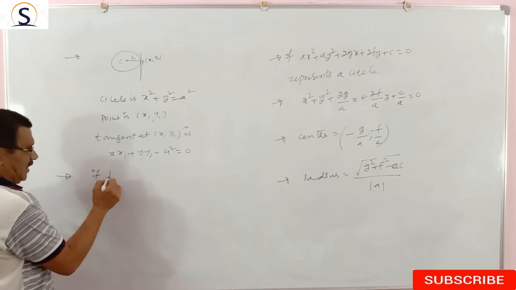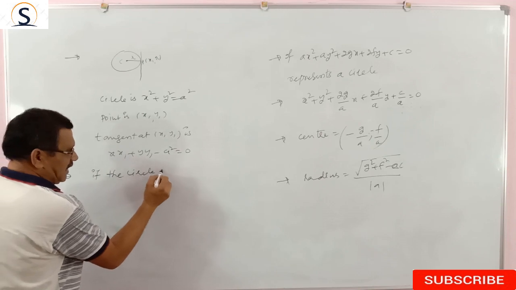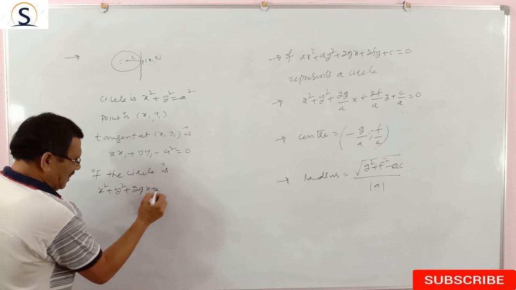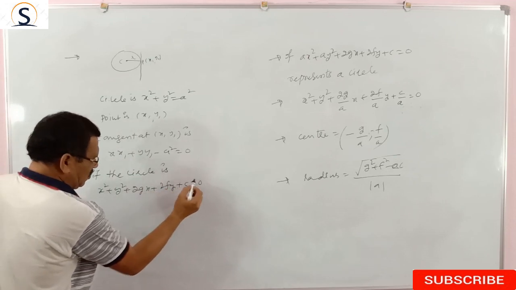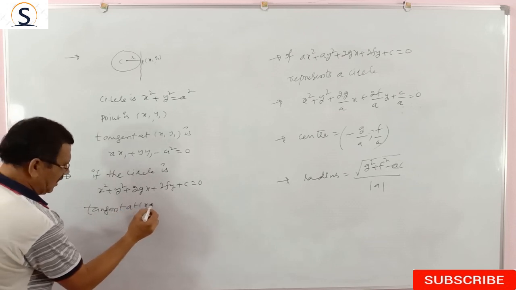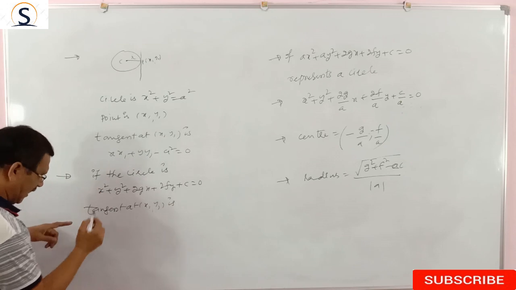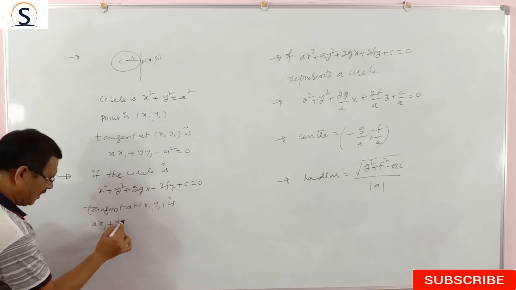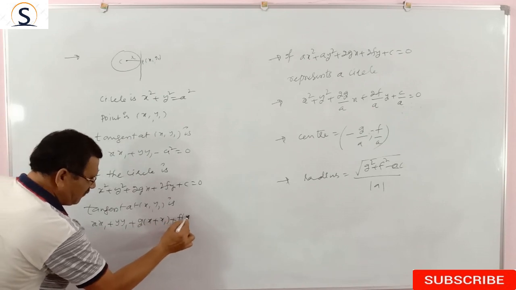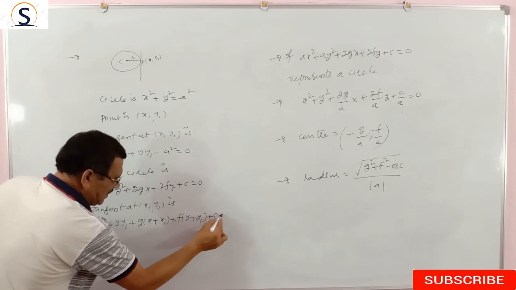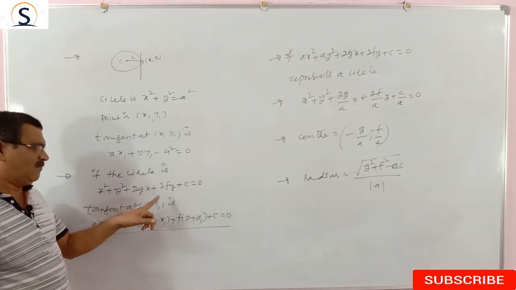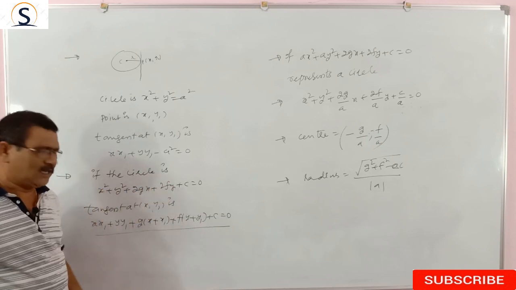Suppose the circle is x square plus y square plus 2gx plus 2fy plus c is equal to 0, the tangent at (x1, y1) is x x1 plus y y1 plus g into (x plus x1) plus f into (y plus y1) plus c is equal to 0. This is the tangent equation at (x1, y1) to the given circle.